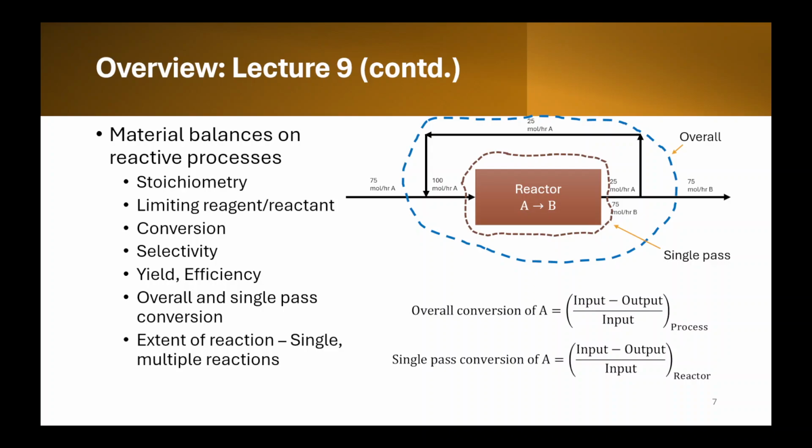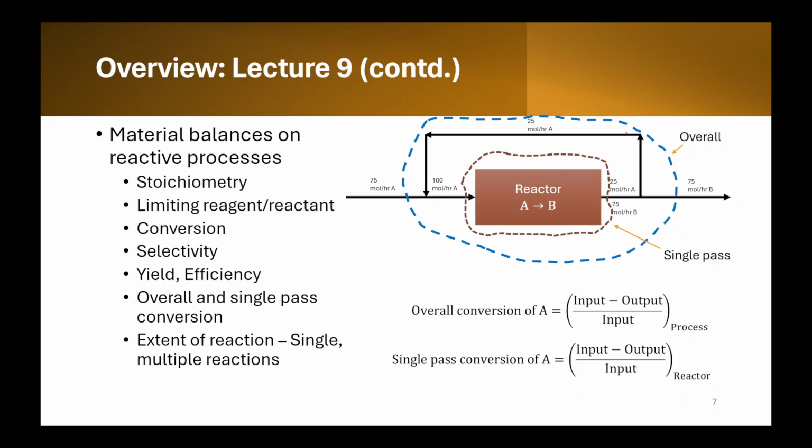Next, the overall and single pass conversion. So here we can see that this is a reactor and there is one recycle stream above it, which is giving us the mixed stream here.